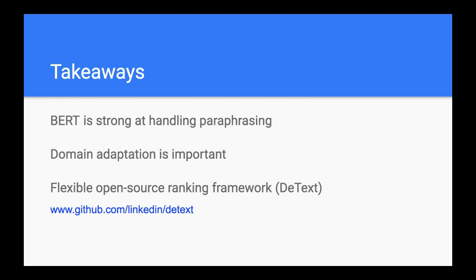And also the domain adaptation is very important. If your domain is very different from the general domains like news, Wikipedia, that kind of thing, you may consider pre-training on your in-domain data, right? And that's the second lesson.